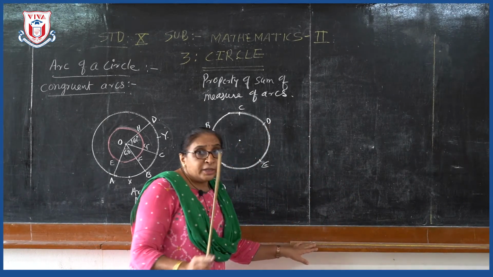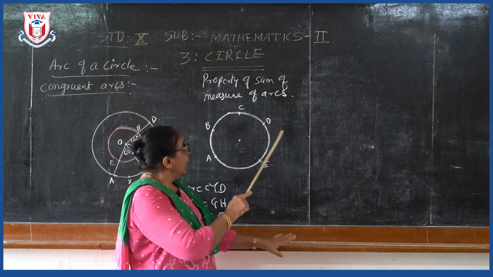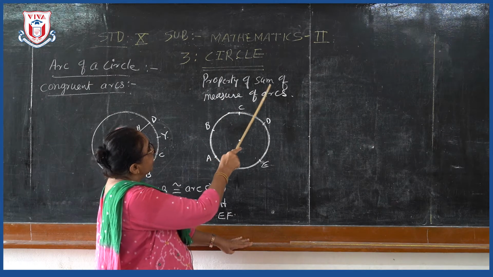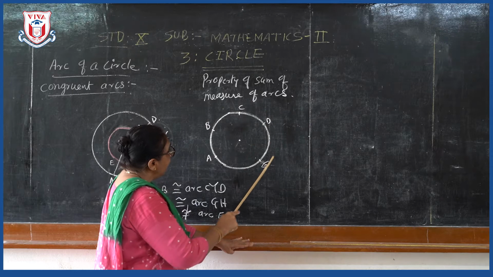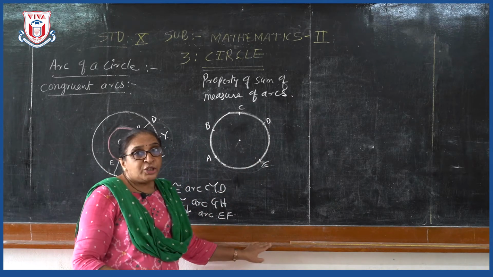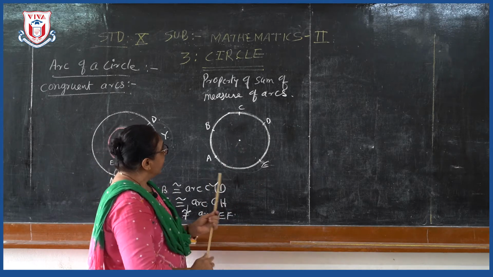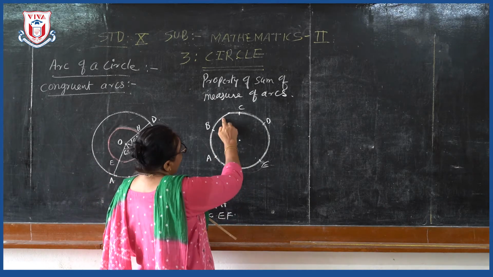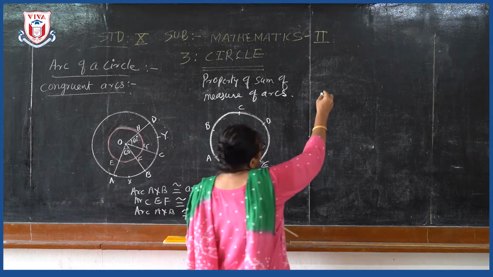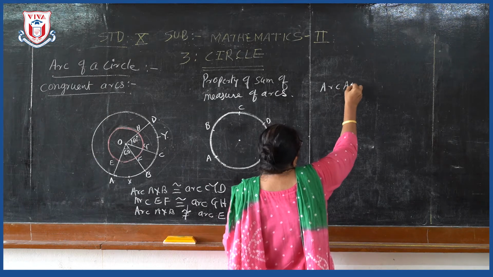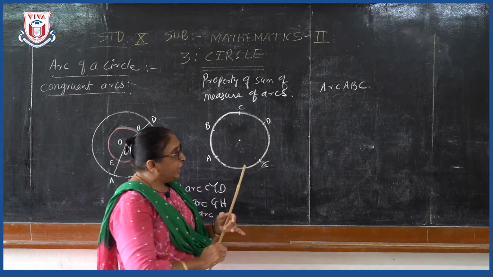Now, another property related to measures of the arcs is the property of sum of measure of arcs. You know that a complete circle has a measure of 360 degrees, and how can we do the addition? Consider arc ABC and arc CDE.